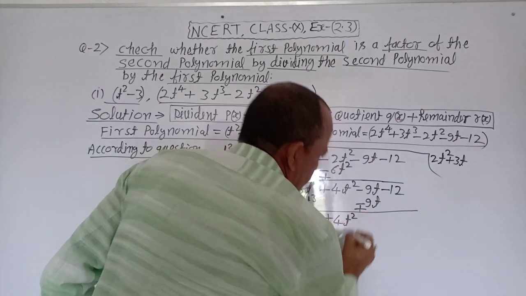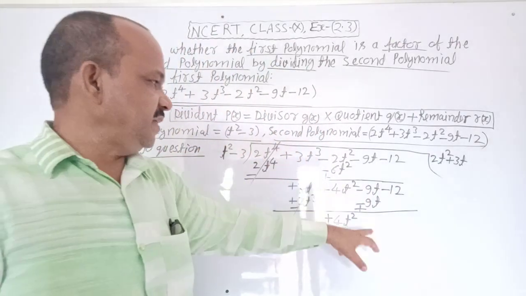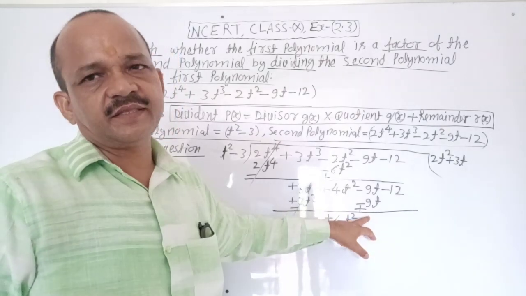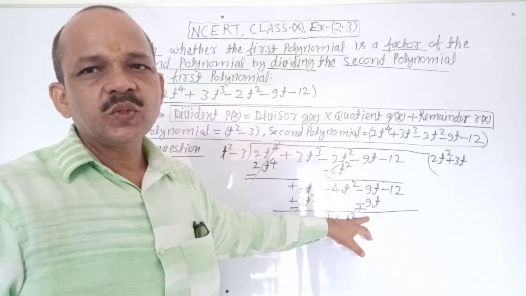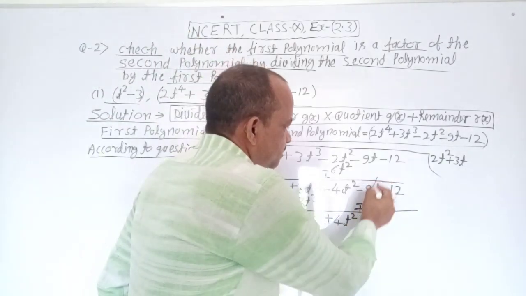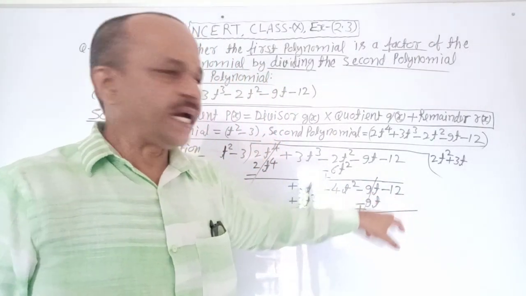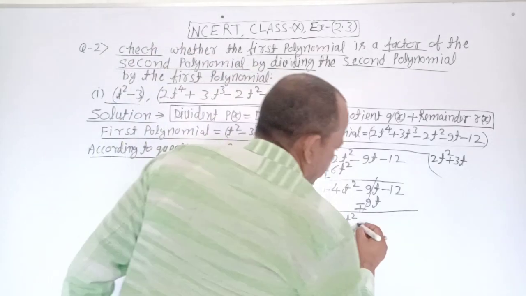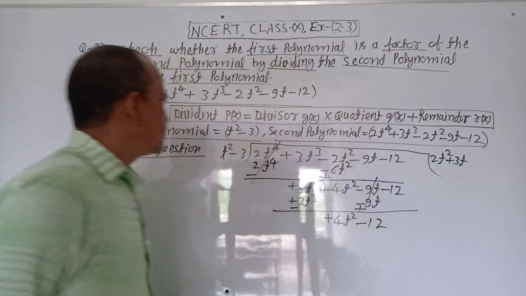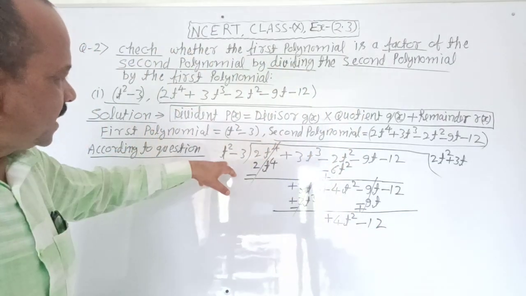Here minus 9t and here plus 9t, so you can cut it. Clear? Here minus 12. You write the same minus 12.